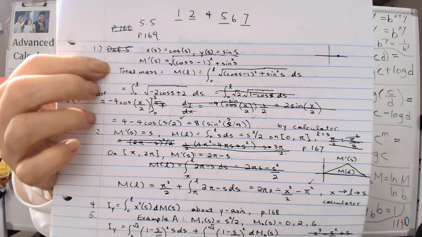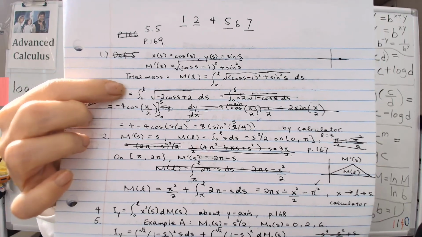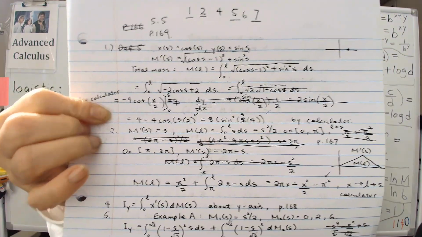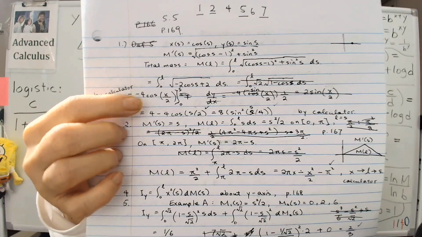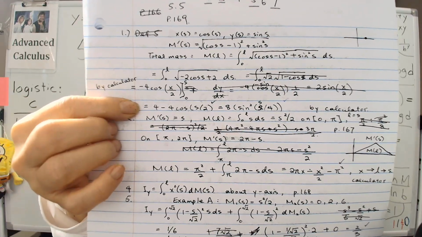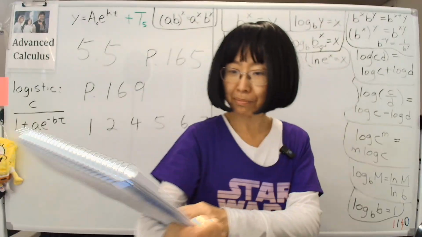And then the total mass is the integral, which I worked out with an integral calculator, and that comes out to this equation right here, which is correct. So that's problem 1.